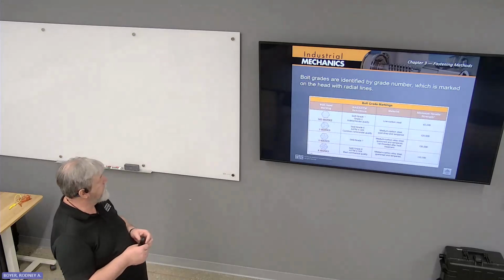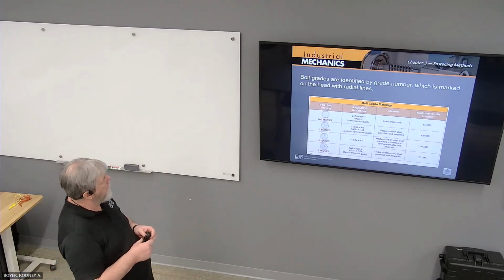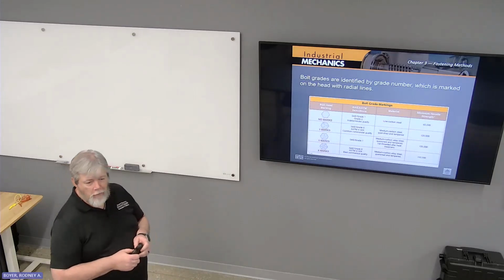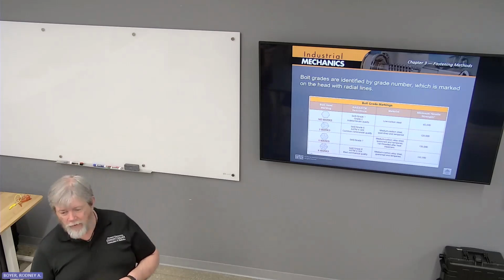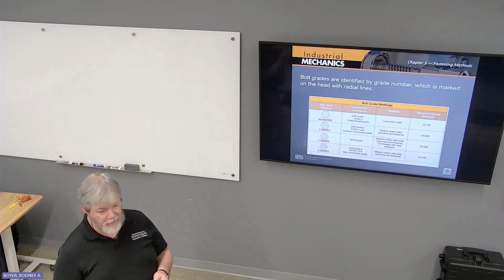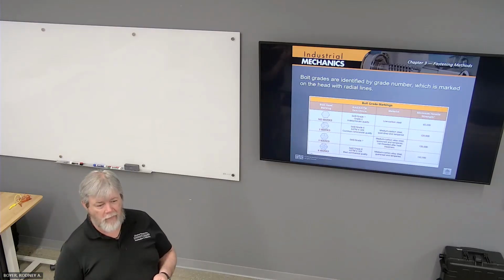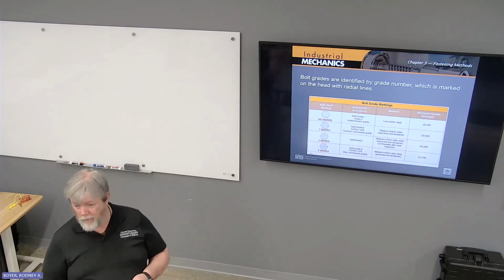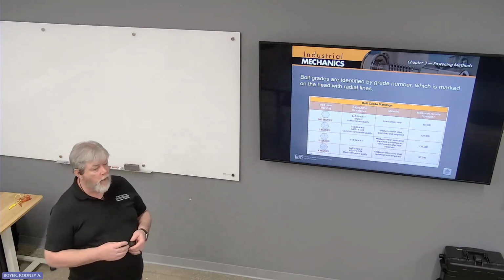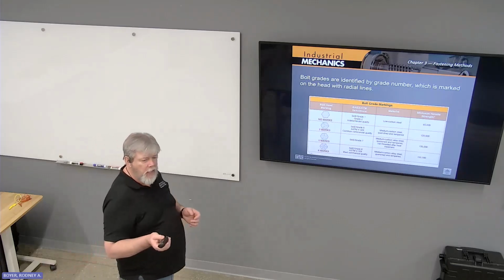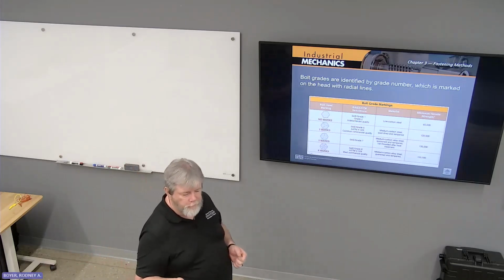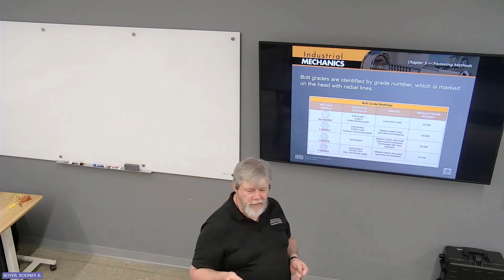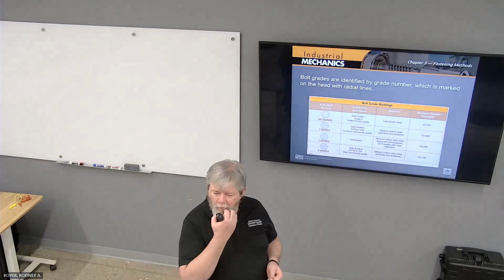Bolt grade markings. Did you know that there were different grades of bolts? You know what the grade of a bolt means? It's shear strength. Tensile strength or shear. Have any of you had processes and materials? Yeah.